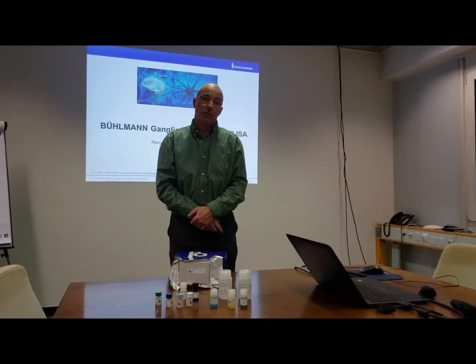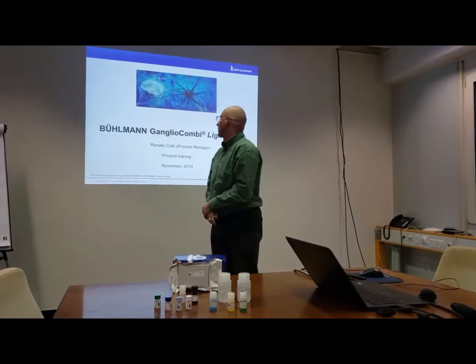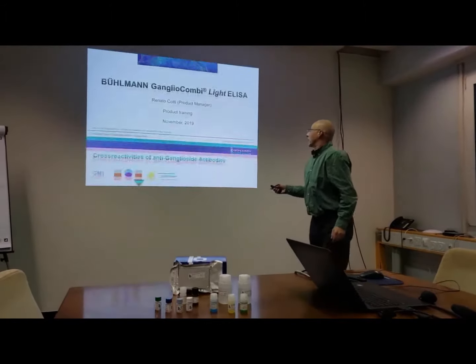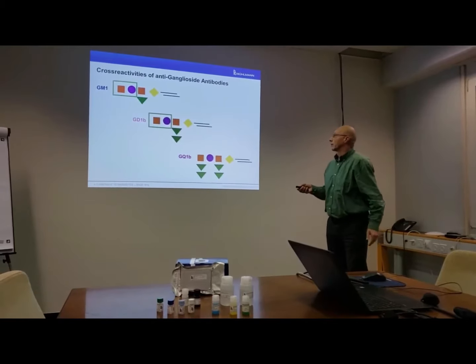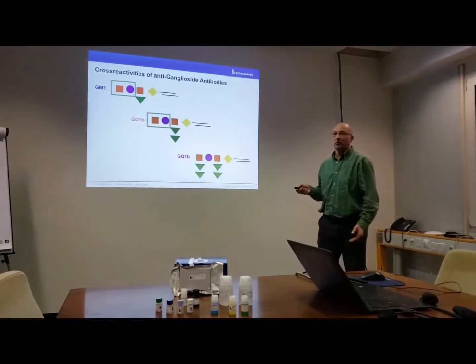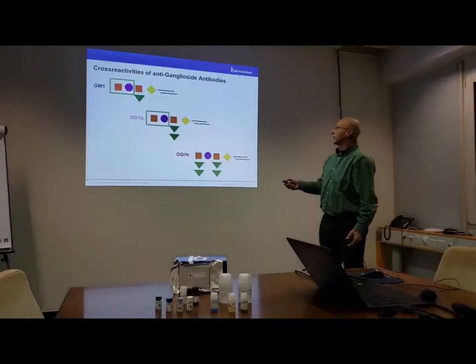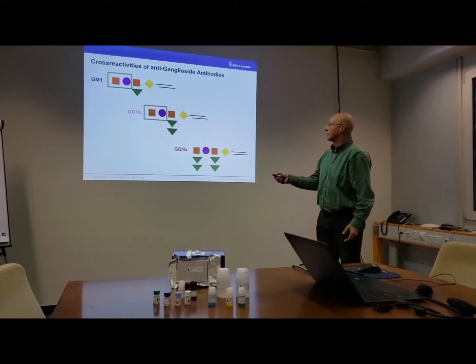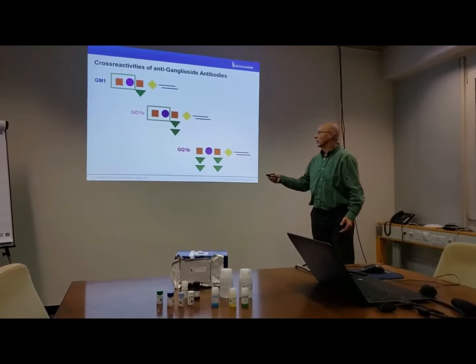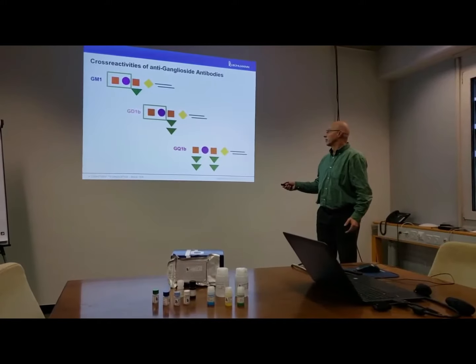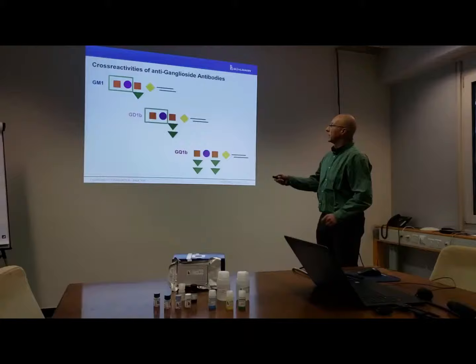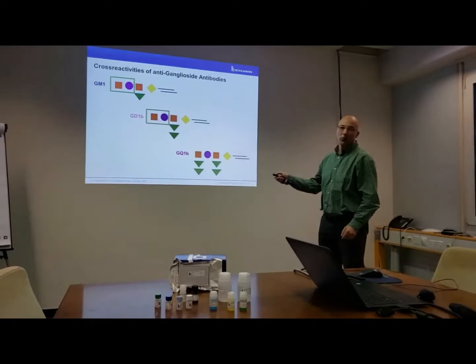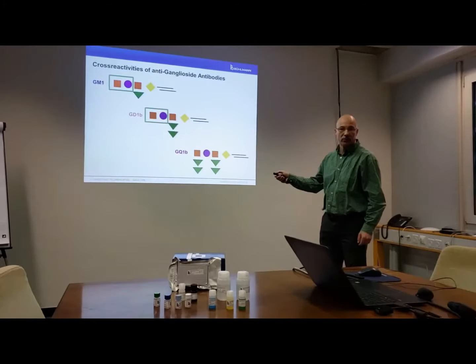Now, on Bühlmann GanglioCombi Light ELISA, there are 3 major gangliosides which are coated onto the microtiter plates, namely GM1, GD1B, and GQ1B. Why these gangliosides? First of all, GM1 is the most frequent ganglioside found in the human body.